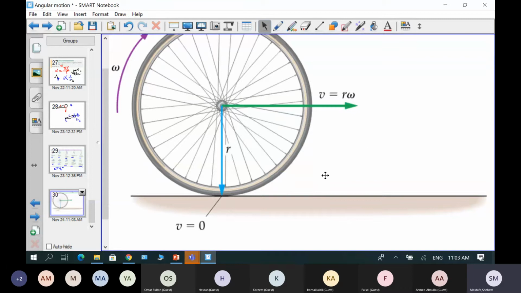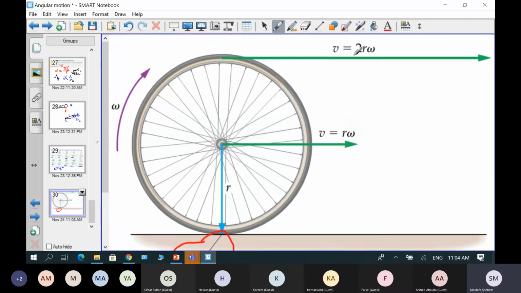The bottom has the velocity of what? 0, because no slipping, so that would be static friction. When a car is rolling, it has static friction because there is no sliding. Static means this point of the wheel is not sliding over the road, so it has the same speed as the road. The road has 0 speed, so the wheel's bottom point has 0 velocity.